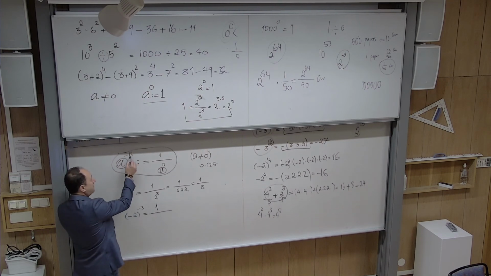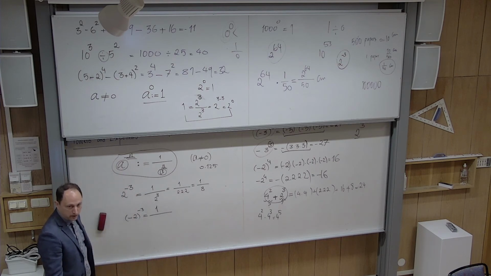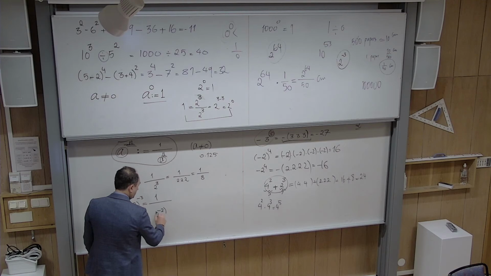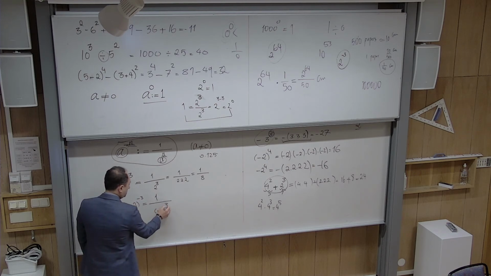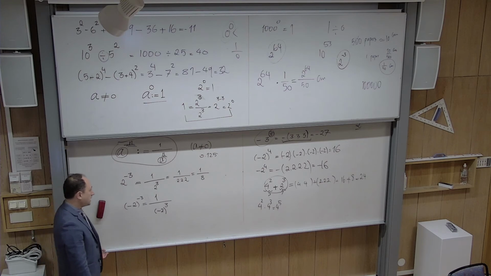The change happens in the exponent: I have to take the minus sign away. So I put the minus 2 here as before, and instead of minus 3, I put 3. And then I calculate as before.